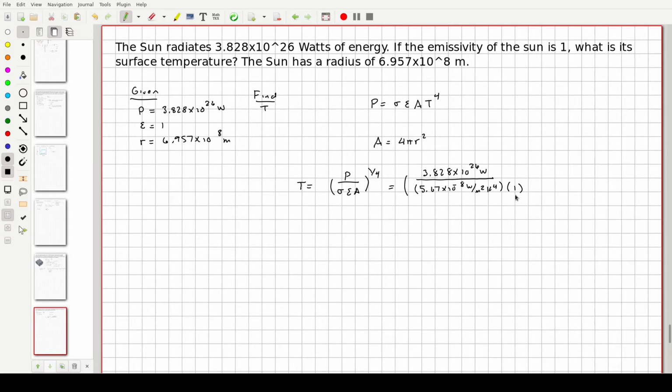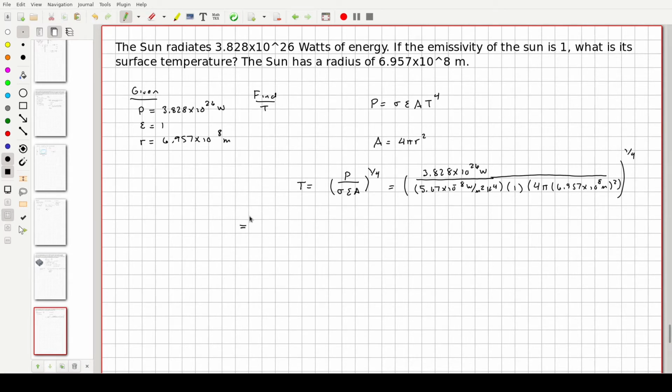Epsilon is 1. And our area here is 4 pi times r squared. The r is 6.957 times 10 to the 8th meters. You got to square that. All this is being raised to the 1/4 power. So it's long, kind of ugly, but not too bad.